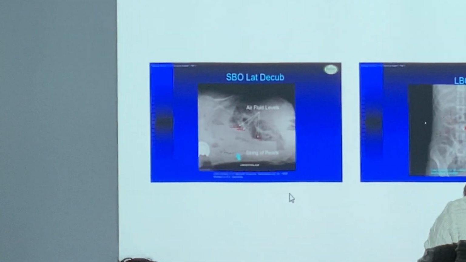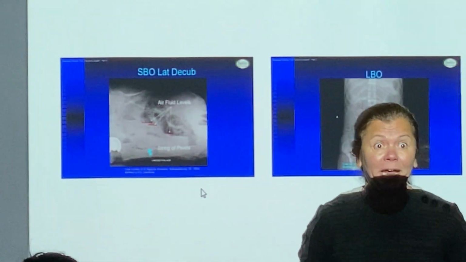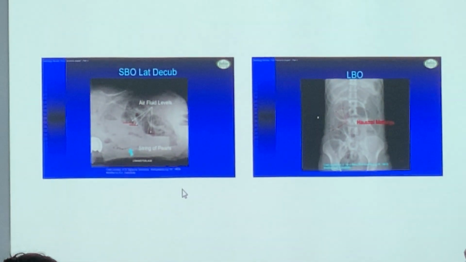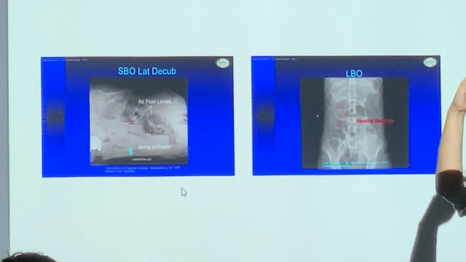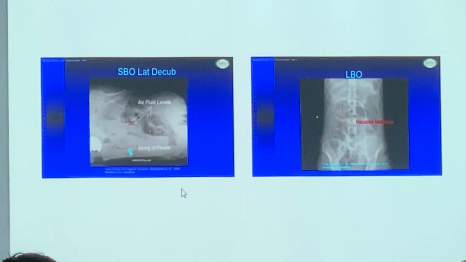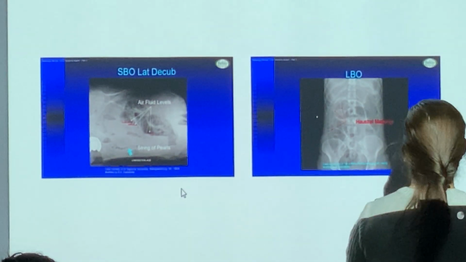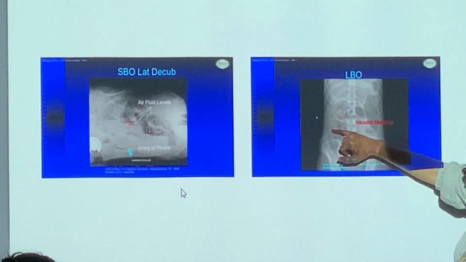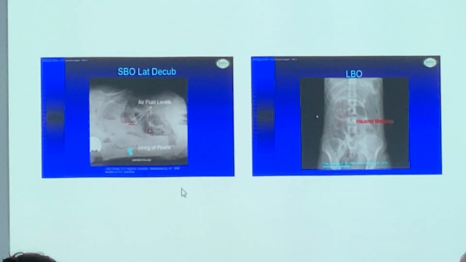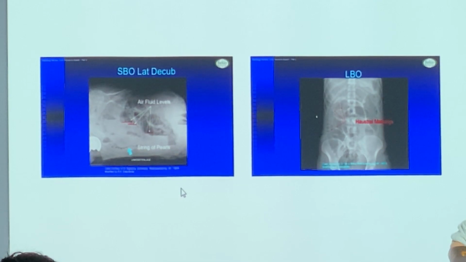In both, you're going to have air fluid level, but the air fluid level for a small bowel obstruction is a ladder pattern, and it's mid-level, mid-center. Okay? Versus, again, large bowel obstruction, you see dilation of the bowel, mostly in the, where's the large bowel running through? Peripherally, right? And you're able sometimes, when there's so much distension and inflammation, to see the actual haustra.